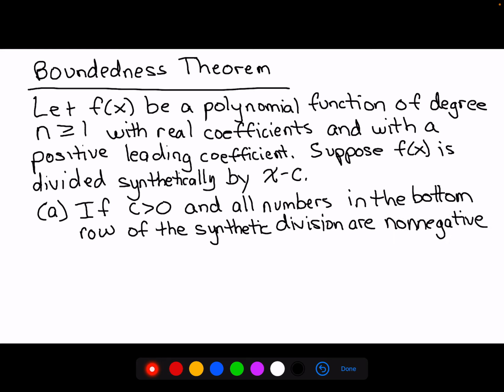That's what they say when they say non-negative. When they're okay with including 0, they say non-negative. Then f of x has no 0 greater than c.